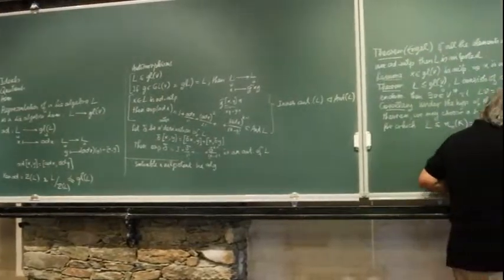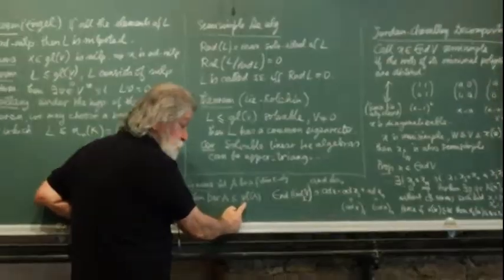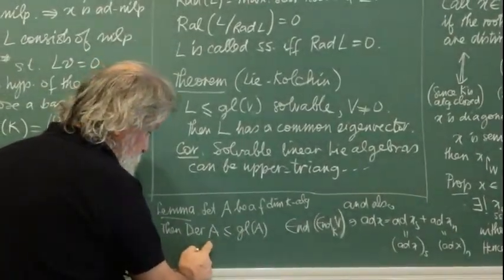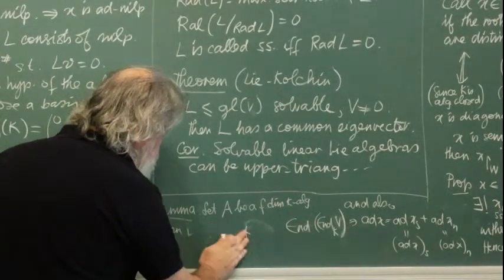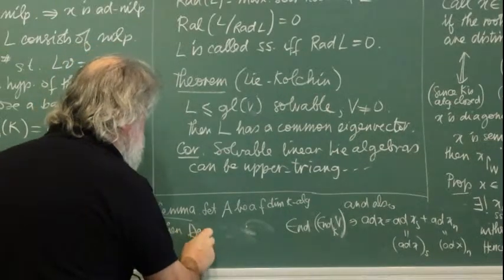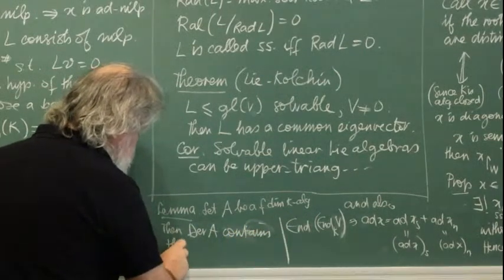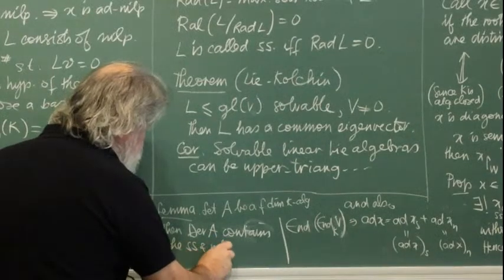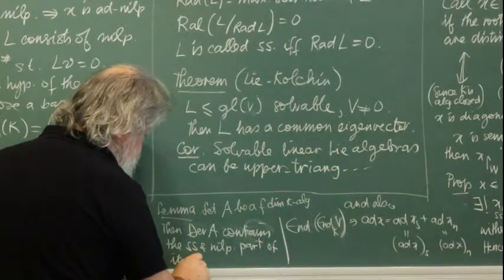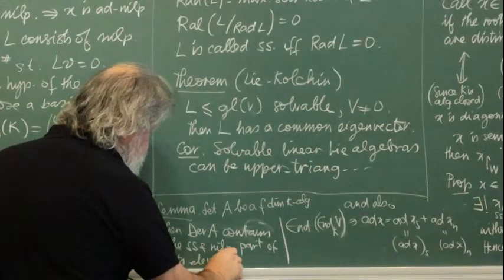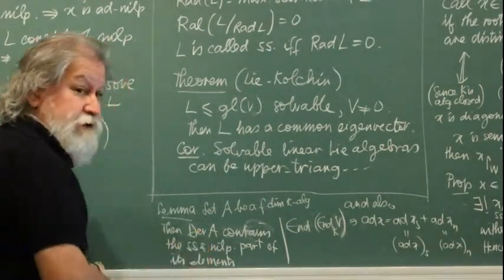If you take an X here, as an endomorphism of A, it has a semi-simple part and a nilpotent part. Then the derivations of A contain the semi-simple and nilpotent parts of its elements. In other words, if delta is a derivation, delta S and delta N are both derivations.